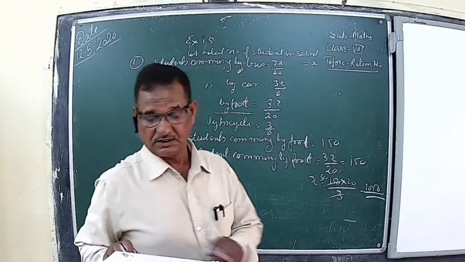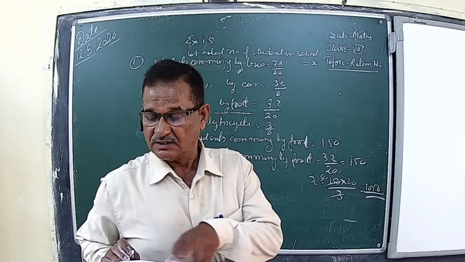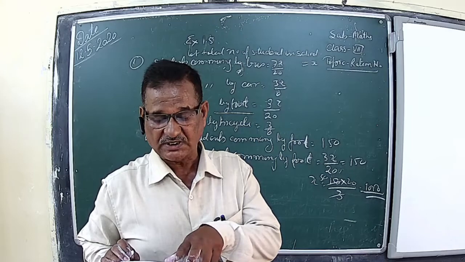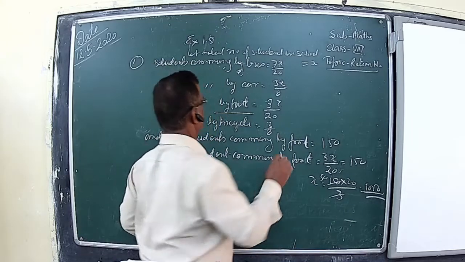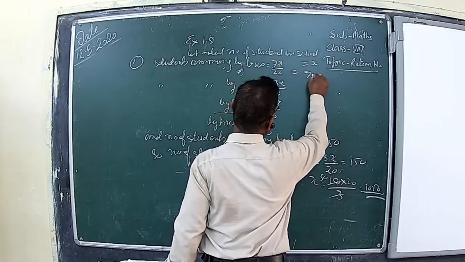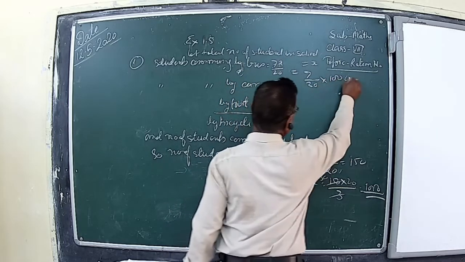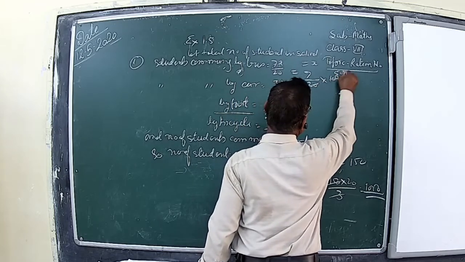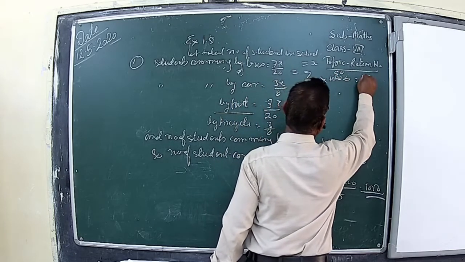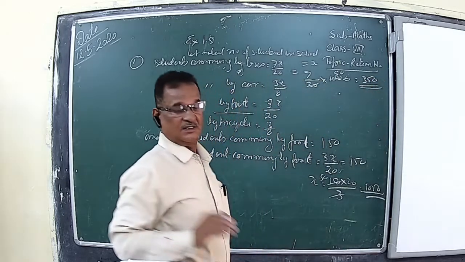Now two more questions are asked: find the number of students coming by bus. So coming by bus is equal to 7 by 20 into 1000, cut this, 50 times 7, then 350 coming by bus.